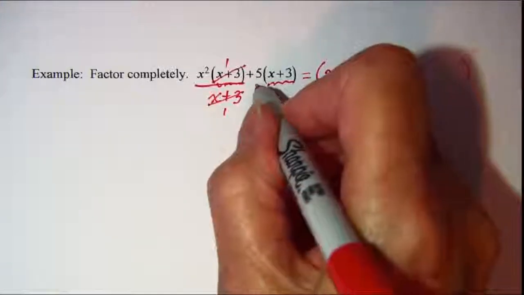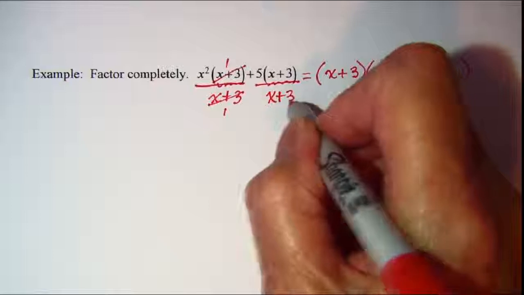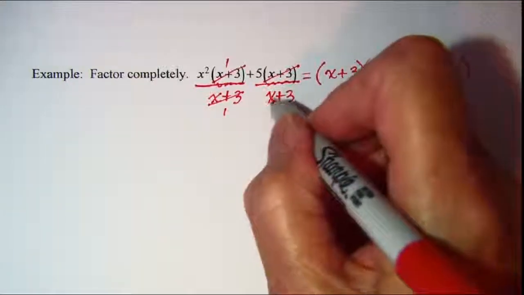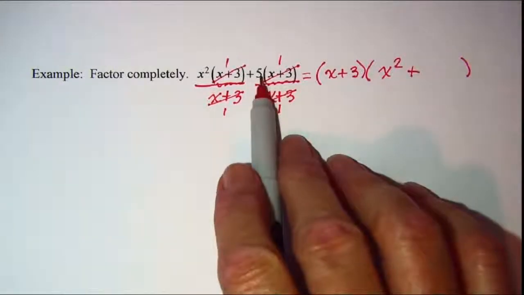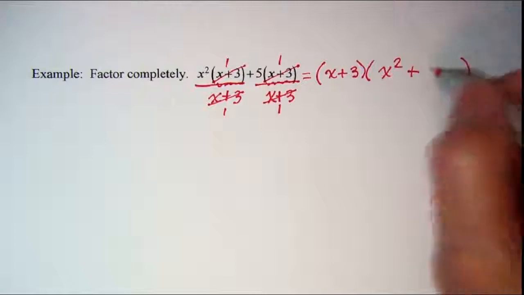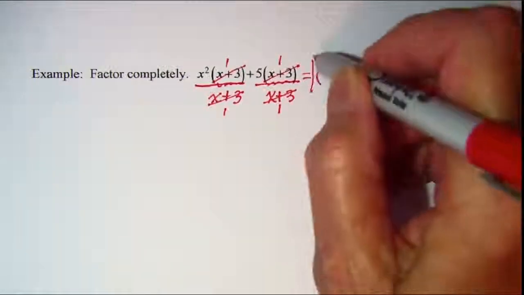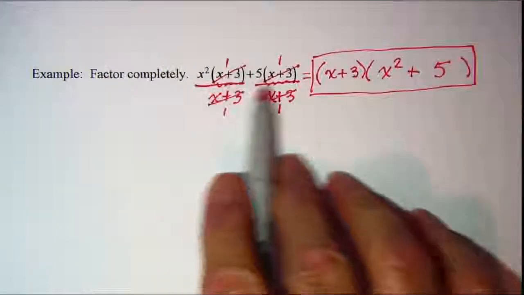And then do the same thing with this term, divide by x plus 3, and I can see that this entire x plus 3 quantity over x plus 3 is 1, and I'm left with 5 times 1 over 1, which is just 5. So this is my factored form of this expression.